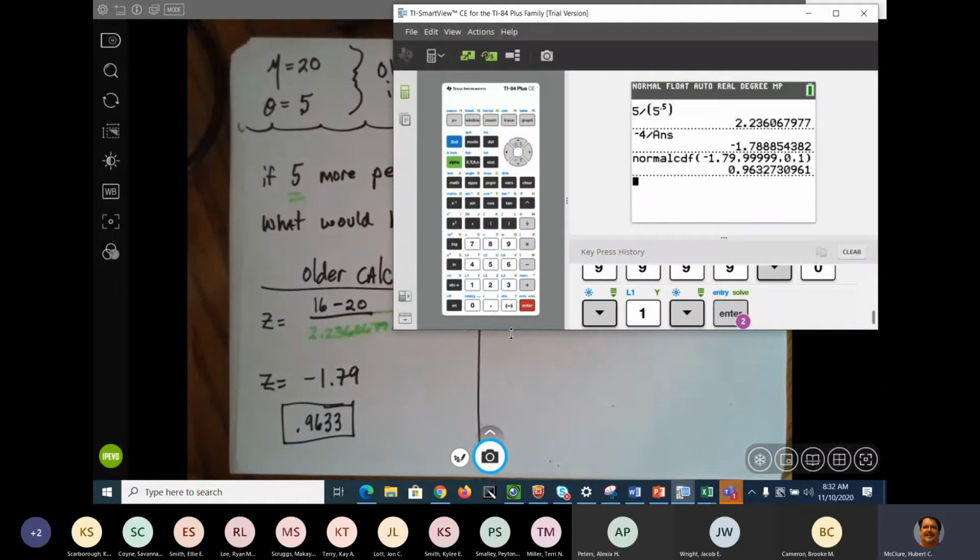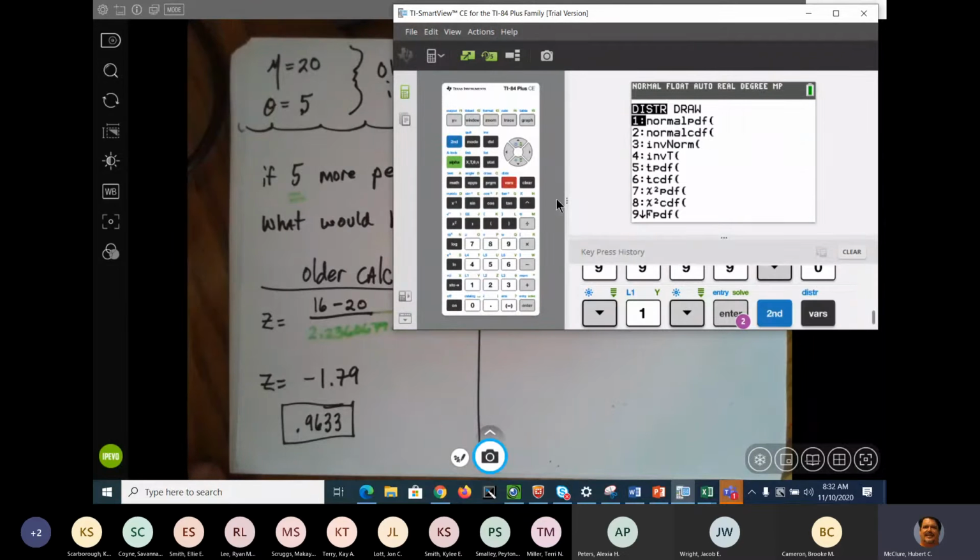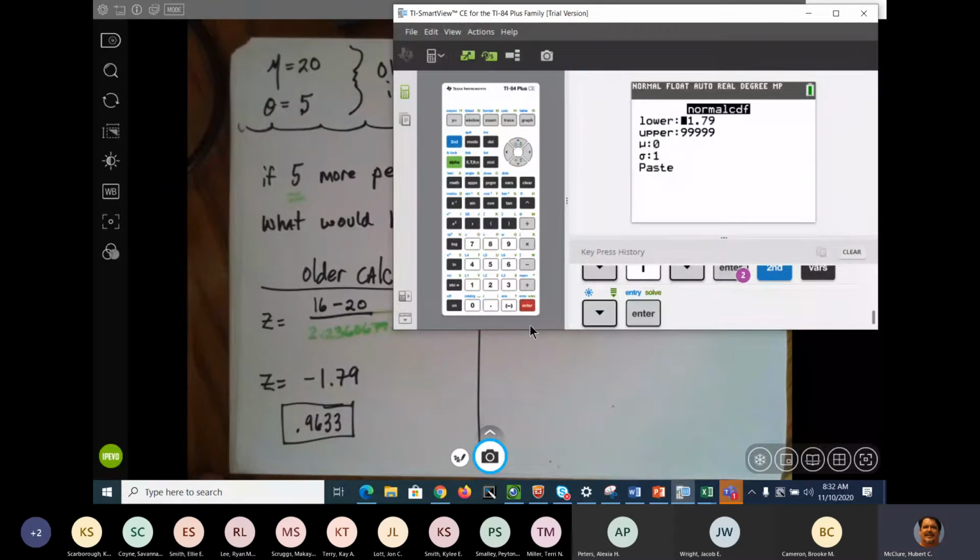Okay, so let's look at a new calculator. Second, vars, normal CDF.